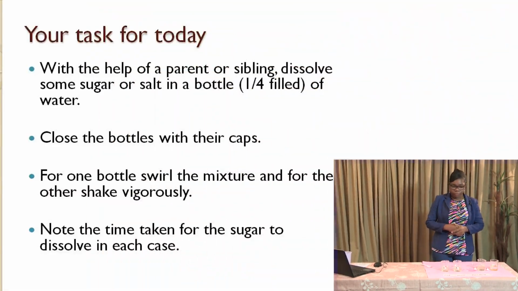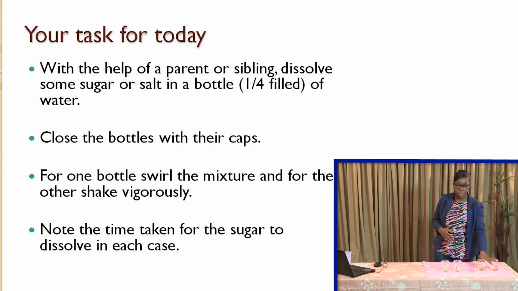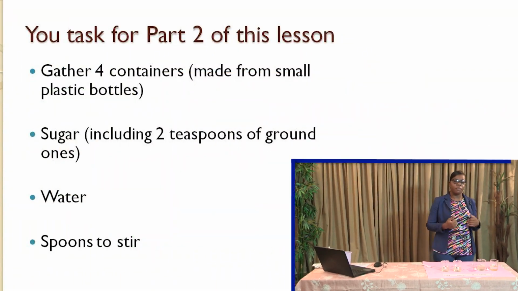Good? So, two factors that affect the rate at which a substance dissolves are agitation, like stirring, shaking, swirling, and temperature, cold water, warm water. You can also try at home room temperature water, cold water, and warm or hot water, but under the supervision of your parents. Good? For the next session, we're going to look at two other factors.